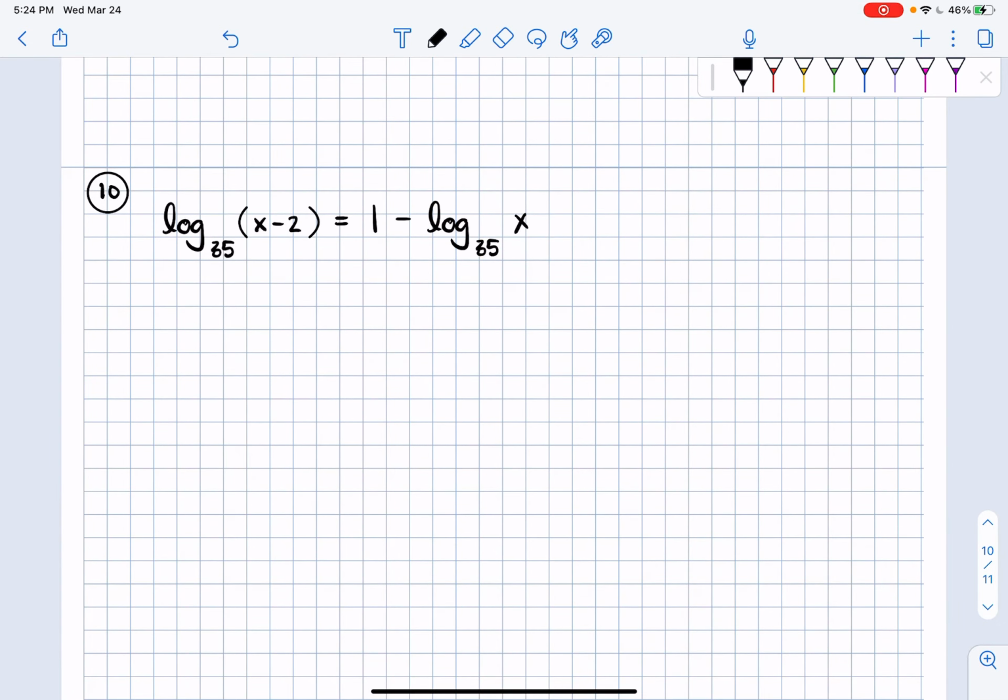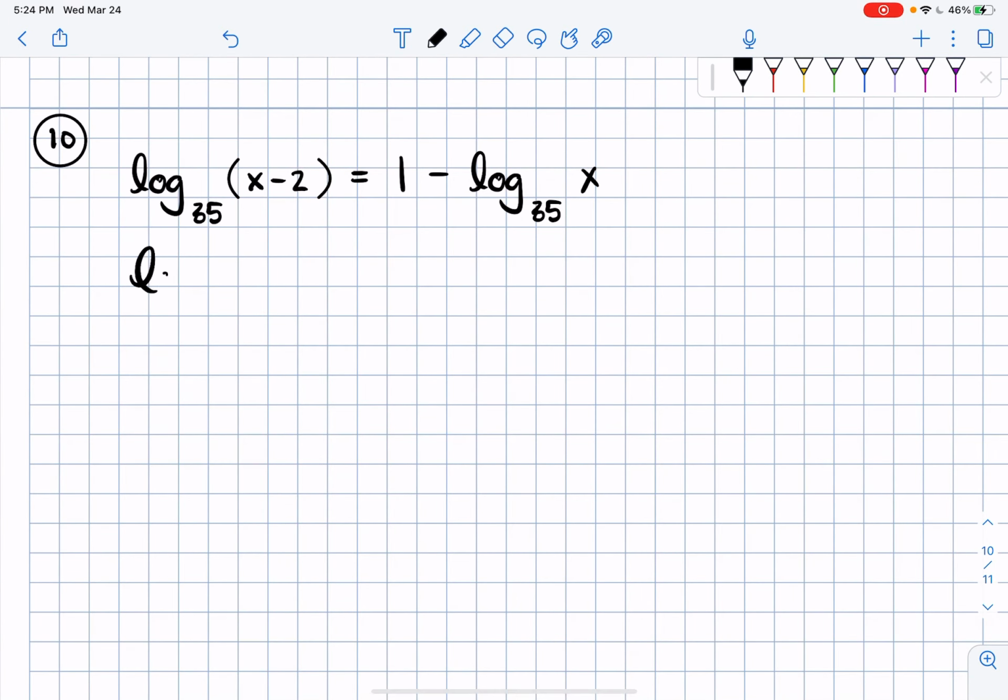On to number 10. All right, so I see log base 35 and log base 35 on both sides. Why not get them together, right? So let's get them together. So I'm going to have log base 35 of x minus 2 plus log base 35 of x, and let that equal to that 1.